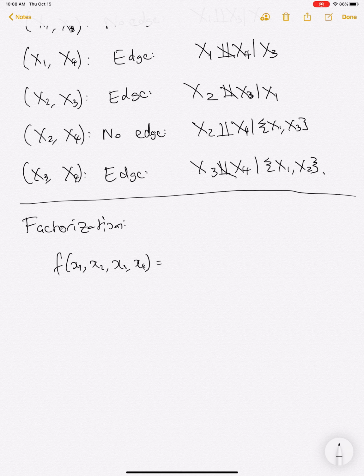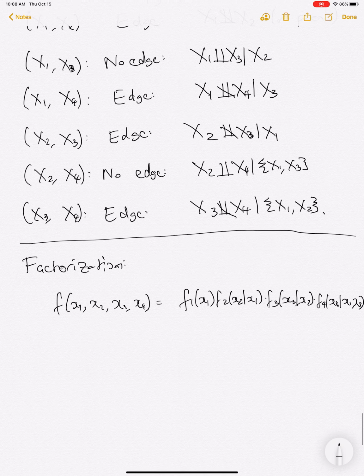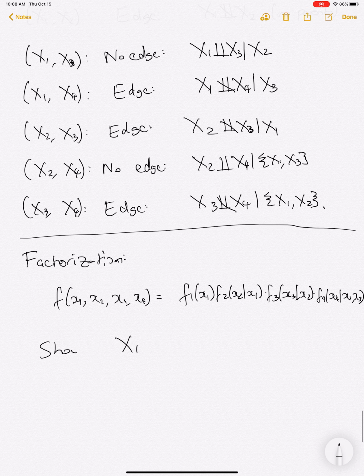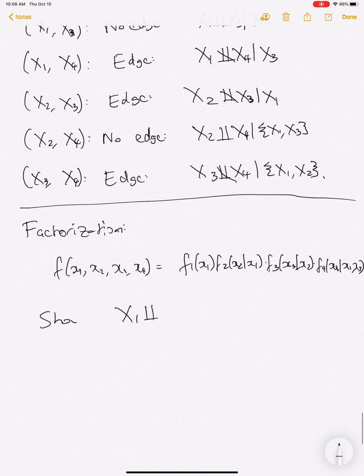That is equal to, okay, and then let's just try to show that x1 is independent of x3 given x2.